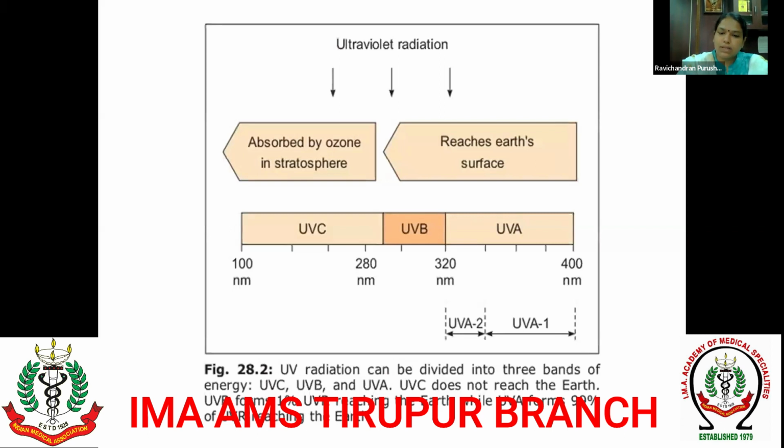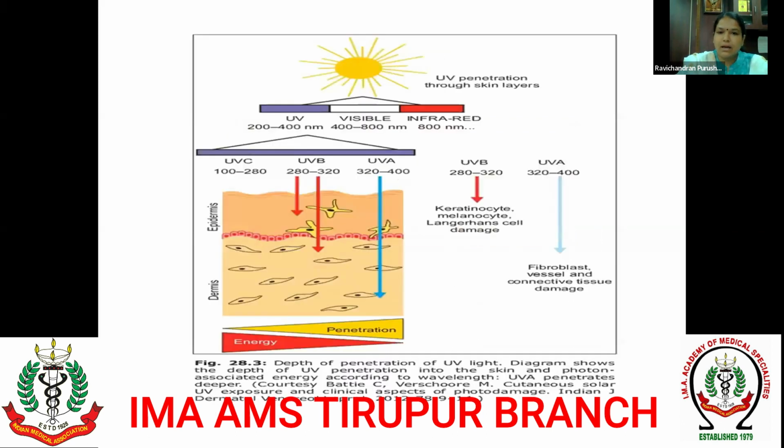Depending on the wavelength, either A or B, the radiation penetrates the skin differently. UVB, with a wavelength of 280 to 320 nanometers, penetrates up to the epidermal layer. UVA, 320 to 400, is split into UVA1 and UVA2. Since its wavelength is longer, the penetration is deeper and it reaches the dermis.